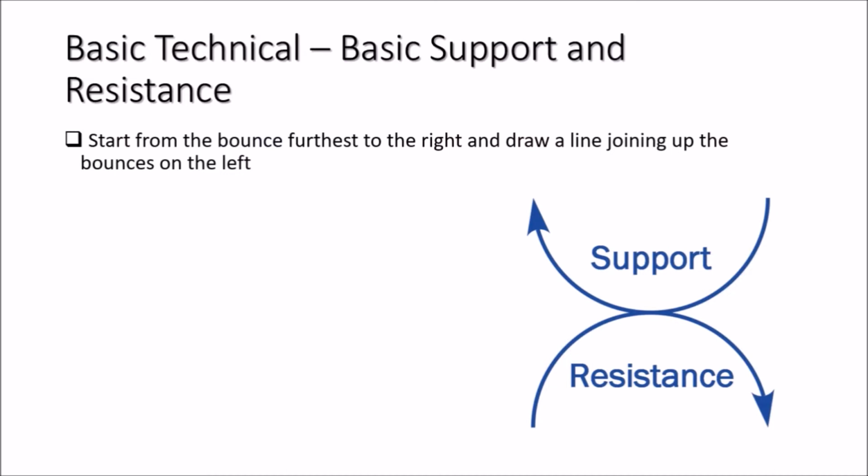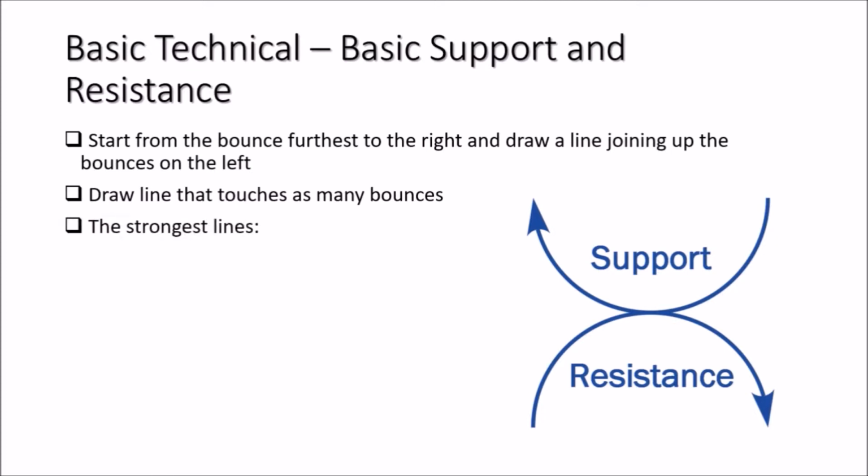In this example, we start from the farthest right because it is the most recent price. The second rule: draw a line that touches as many bounces as possible. The strongest lines are the horizontal lines that have the most bounces, the more the better.